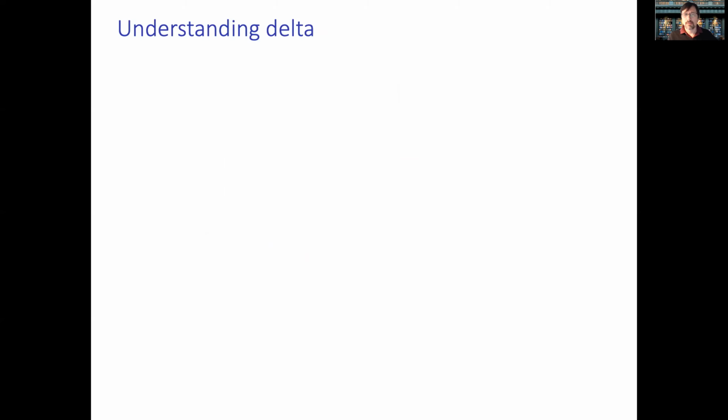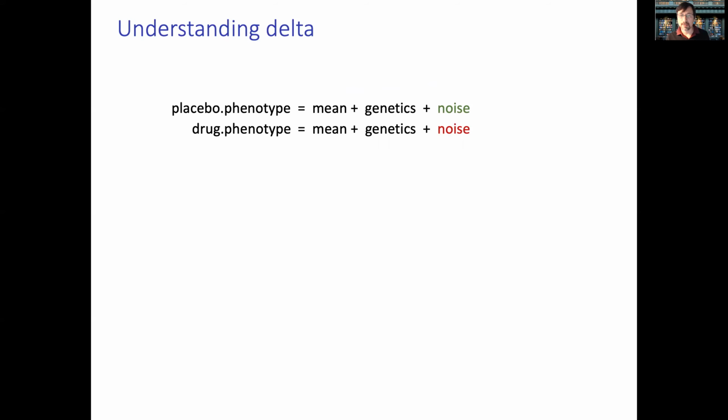Why is that? Well, if we think about a model for the placebo phenotypes as being mean, genetics, and noise, and then a model for the drug phenotypes as mean, genetics, and noise, then the delta is really the combination of those two things, one thing minus the other. Importantly, the noise term is drug noise minus placebo noise.